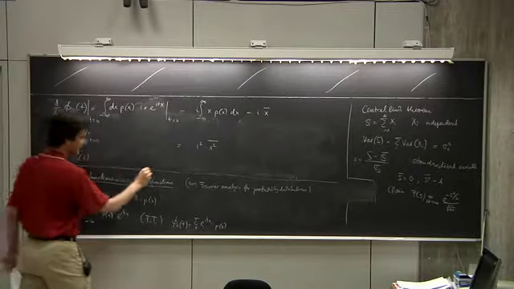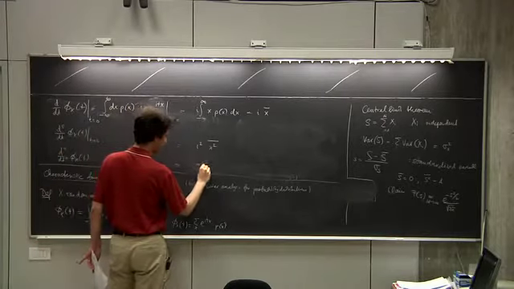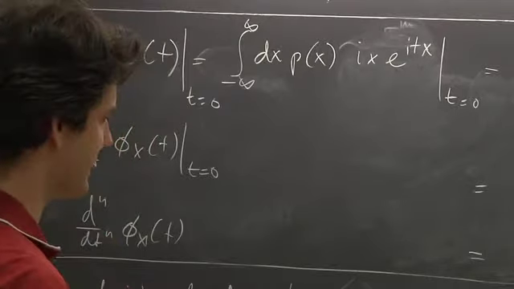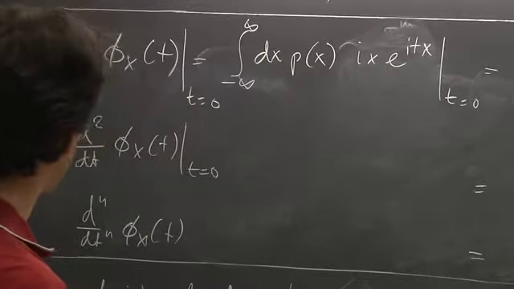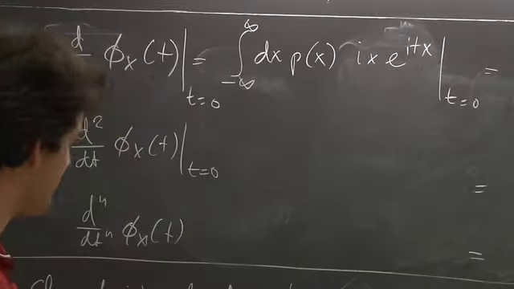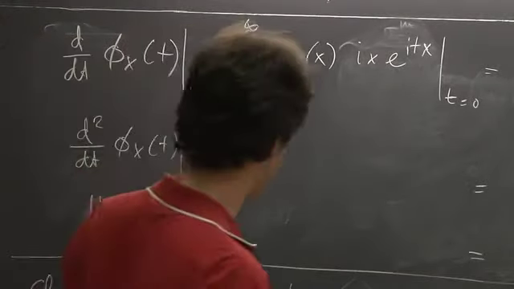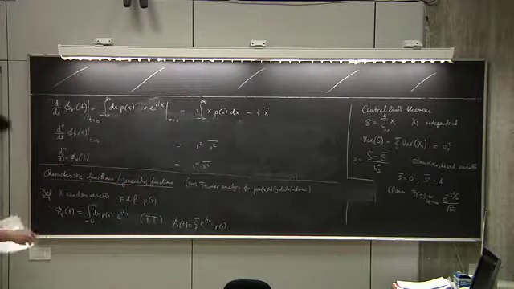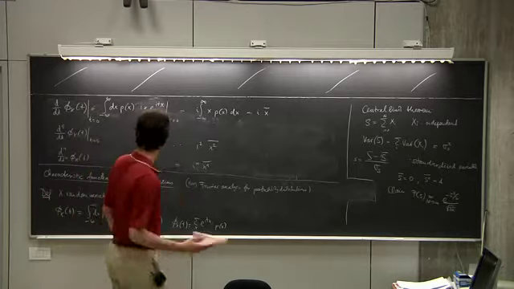I'm sure you have seen that with Fourier transforms happening in this way. So this is a very powerful tool, right? If you are able to compute this generating function, the Fourier transform, then you just take derivatives and you get moments very easily, because taking derivatives is a very easy thing to do.